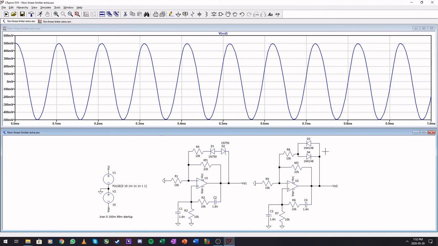So if you want the 1 volt peak-to-peak signal, you can just implement diodes like this. Want something larger, you can use Zeners, you can use LEDs in here. Basically anything that has some voltage where it switches on.